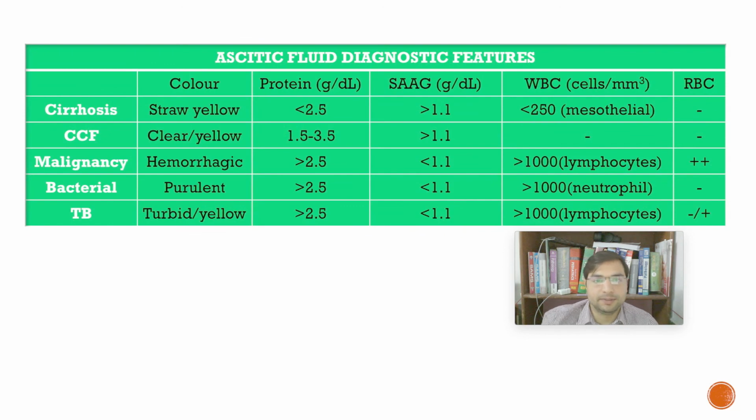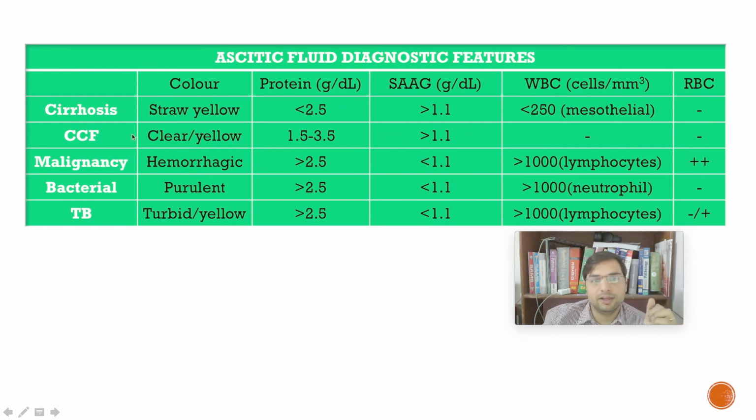For example, if the color of the ascitic fluid is straw yellow, and the total proteins of the ascitic fluid are less than 2.5, SAAG score is greater than 1.1, the WBCs in the ascitic fluid are less than 250, and there are no RBCs, then the cause is very obvious: cirrhosis, right?